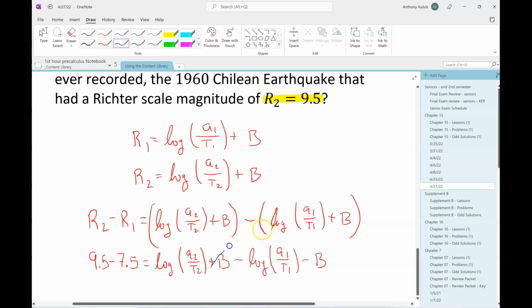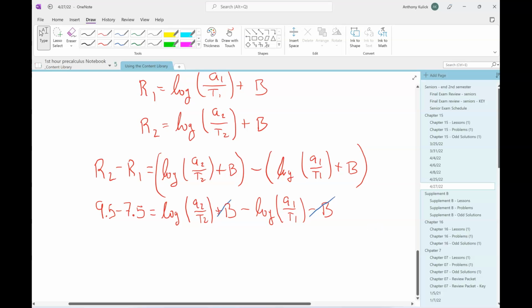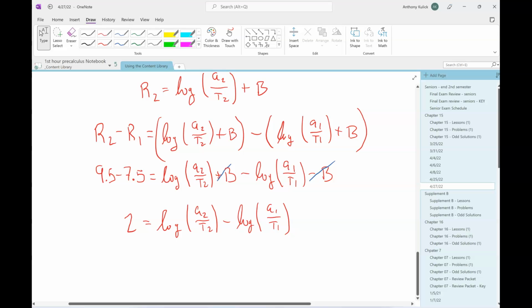Okay. So I can combine some like terms, and I get B and negative B to cancel out. And then 9.5 minus 7.5 is 2. So far, so good.